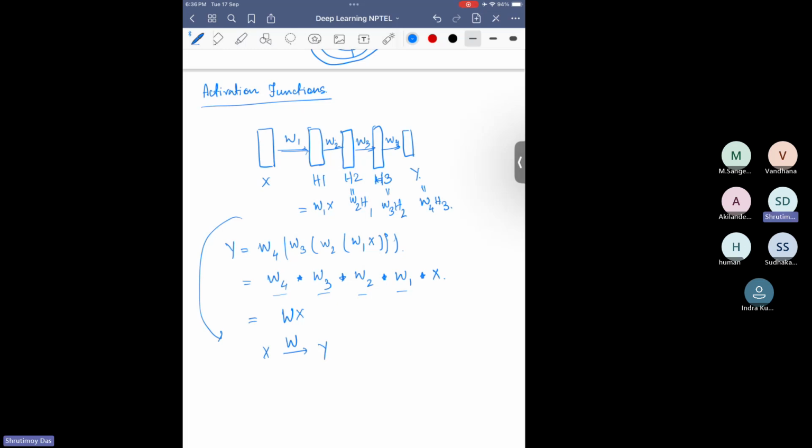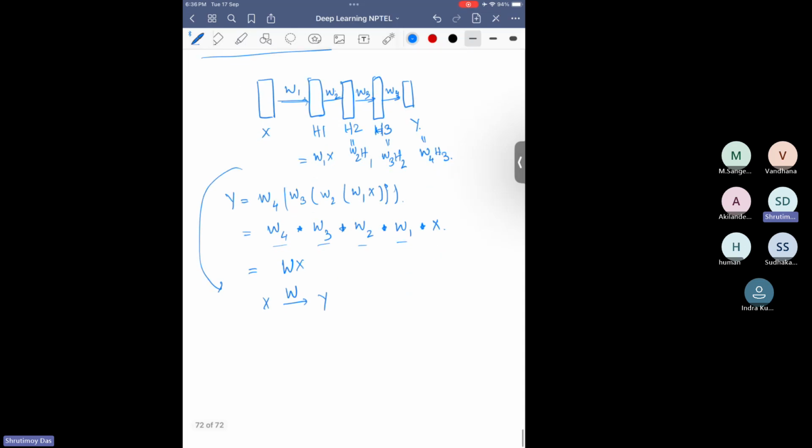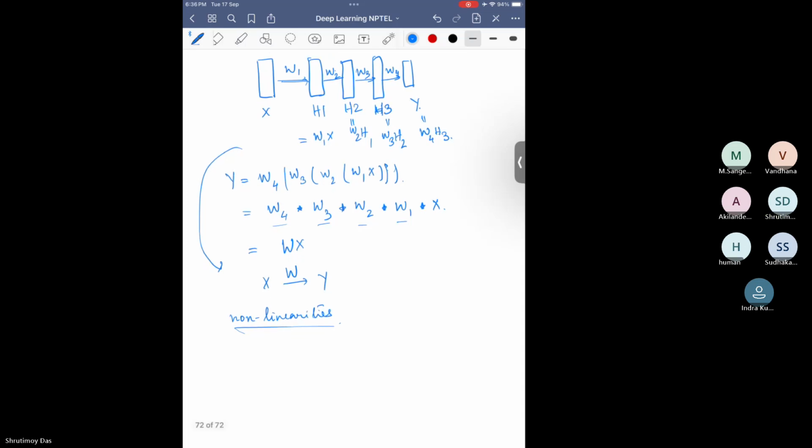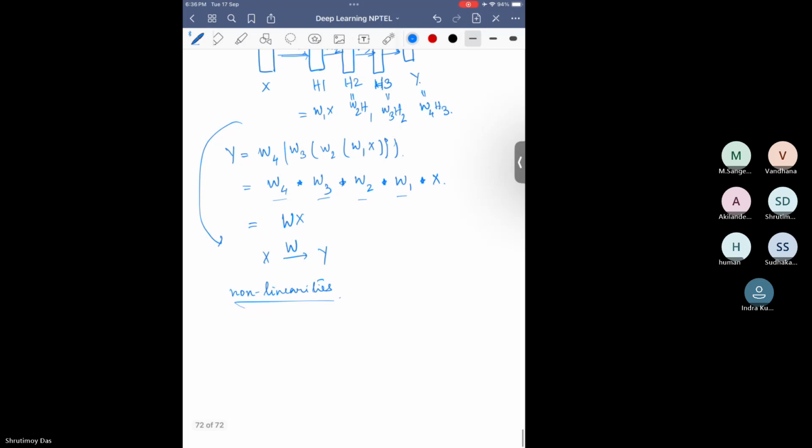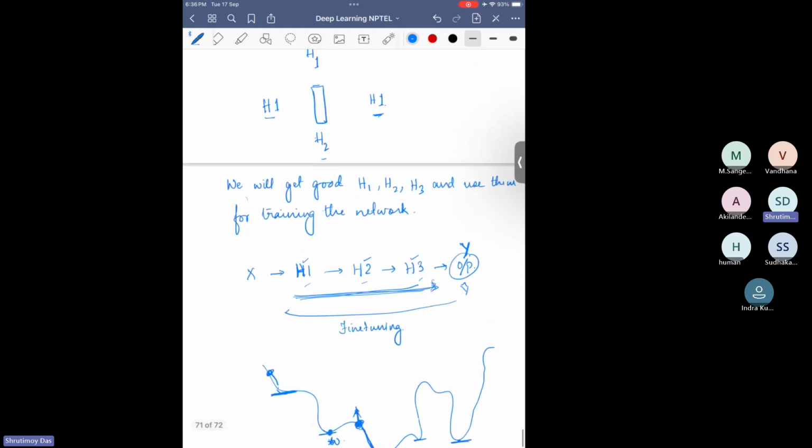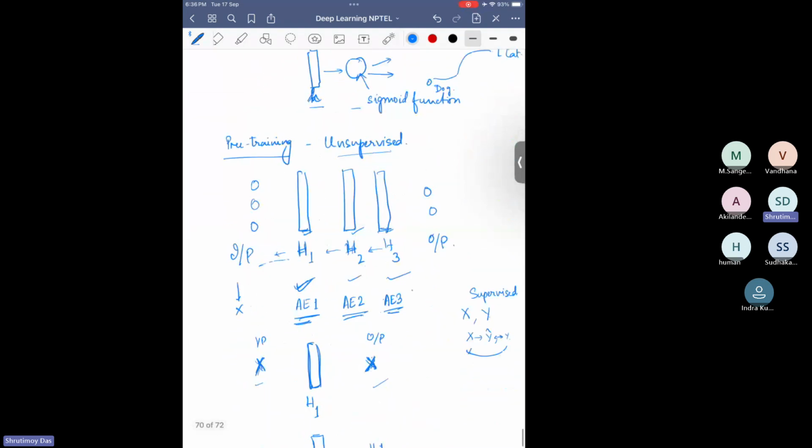So that is why we have this concept of activation functions or the non-linearities. These activation functions are also called non-linearities. We started off with the sigmoid activation function a few minutes ago, right?